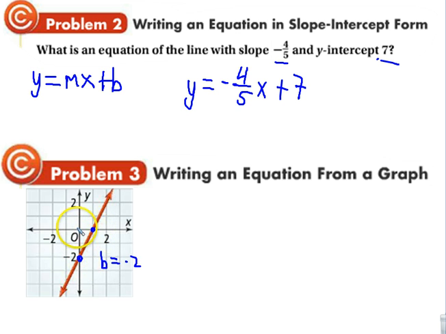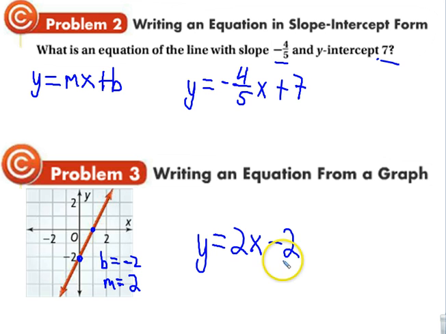I go up 2 over 1, so the slope is +2. Okay, remember, I go up and down first, so up 1, up 2, and then over 1, so 2 over 1. So y equals 2x minus 2. Remember, since it's negative, it goes into the equation as a negative.